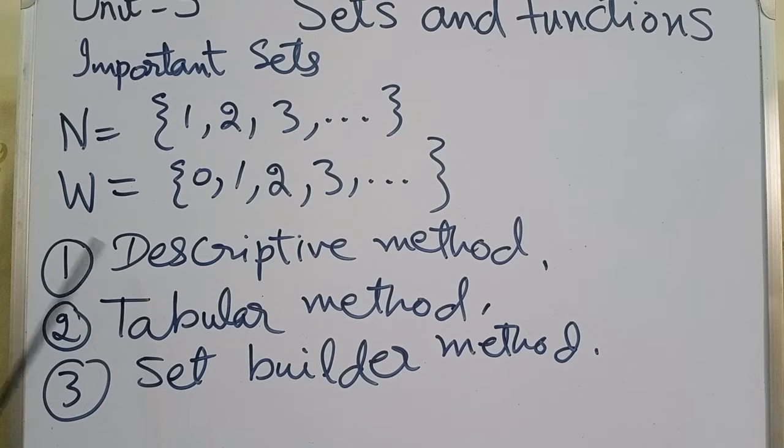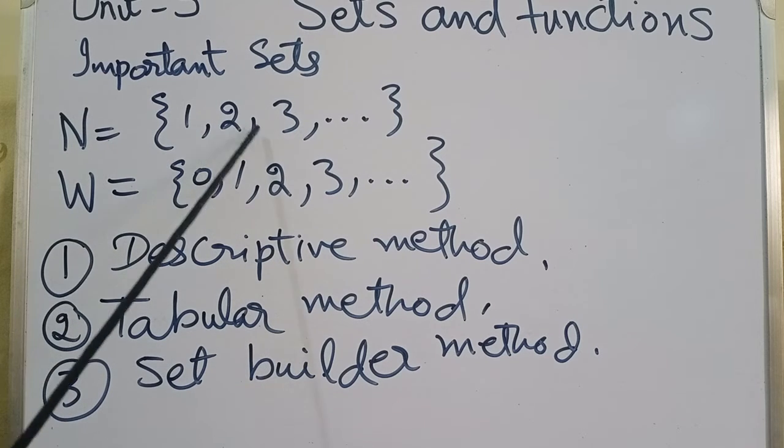As its name suggests, first we have the descriptive method. This method shows us that we can write any set by describing its elements. For example, we can say this set N is a set of all natural numbers, but we do not say 1, 2, 3, 4.